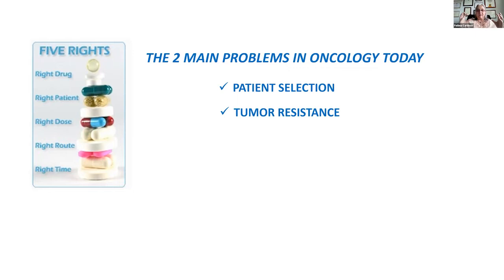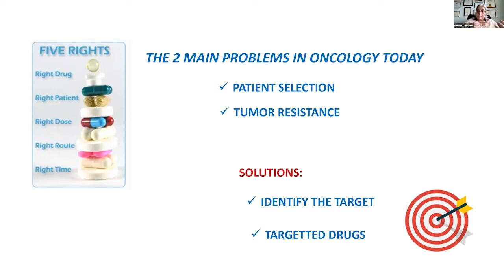But what I mean here is this match, that we find the correct treatment, the correct dose, the correct time and moment to administer a treatment for that specific patient. And for that we need to identify the target and to develop targeted therapies.